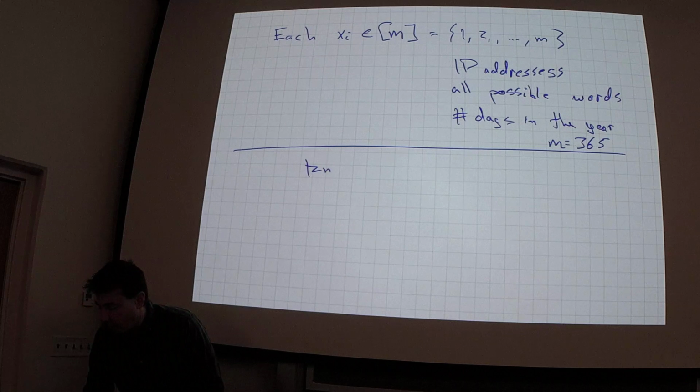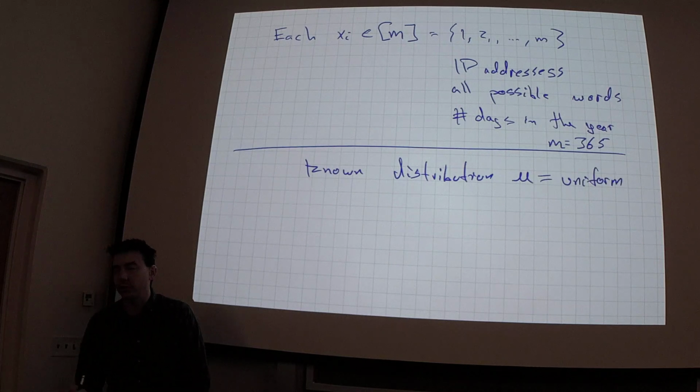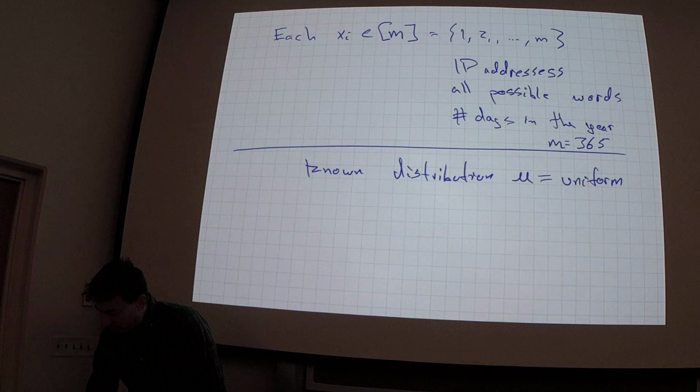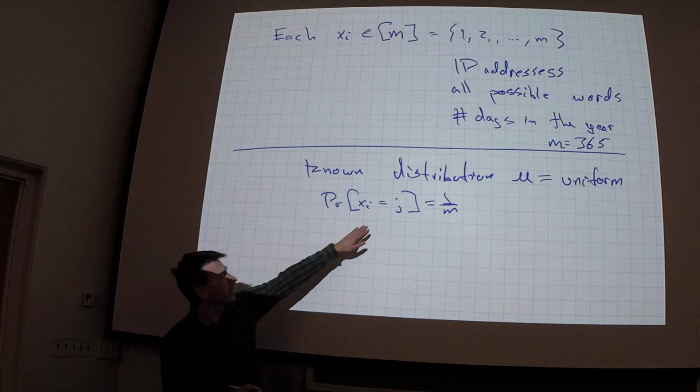and then we're going to analyze a known distribution. Now, we're going to know this distribution, and this one's going to be uniform. So that means that the probability that xi equals j equals 1 over m. Right? There are m possible things it could be.